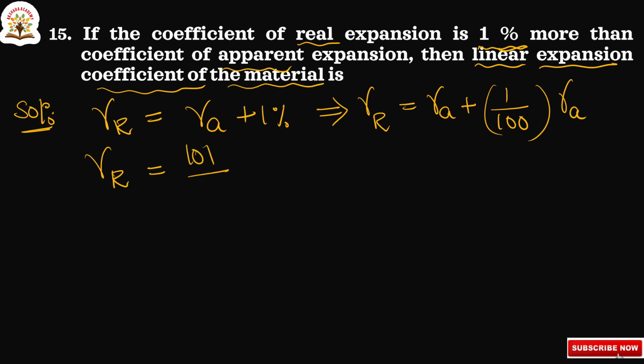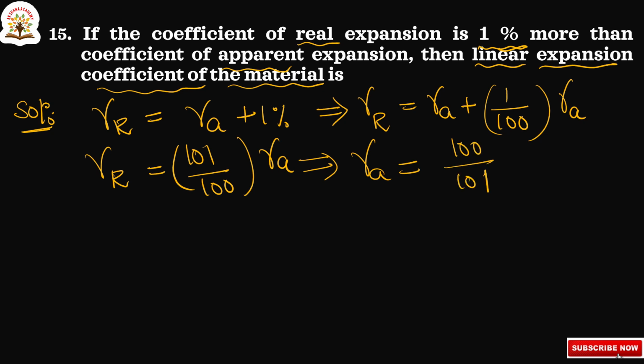So 101/100 into gamma A. Then this can be written as gamma A is equal to, with the factor going to the other side, 100/101 of gamma R.